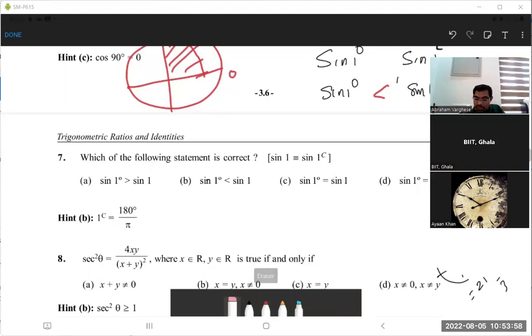This is true when: x plus y not equal to 0; x is equal to y, x not equal to 0; x is equal to y, x not equal to 0, and x not equal to y.